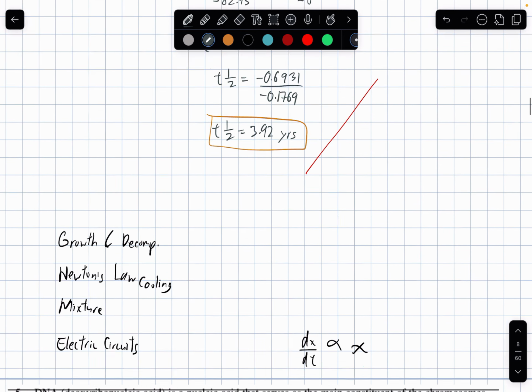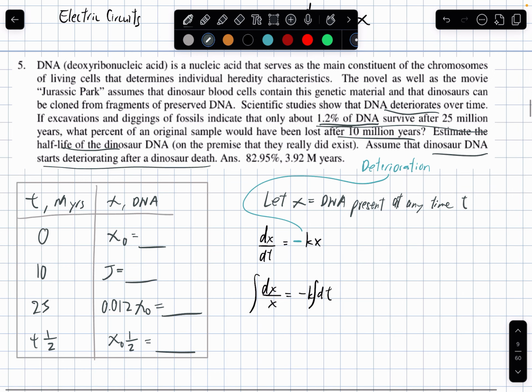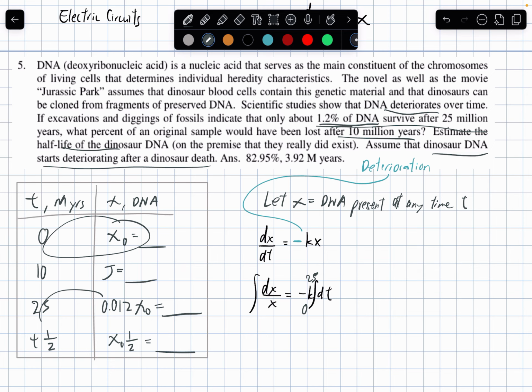So this is not a simple growth problem. We have many missing values here, no? At the x column or row? I'm not sure. Column, I think. So time, let's start with 0. And then 25. I want to choose these two pairs specifically because both of them have x sub 0.